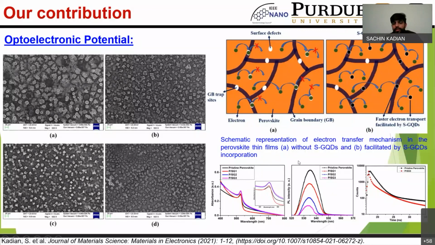Conclusively, we found that these SGQDs can be used in optoelectronic applications, because we were in between these experiments. We didn't go for any LED or solar cell application, but we proved that it can be used as an electron enhancer in these perovskite thin films, and that would be useful for optoelectronic applications.